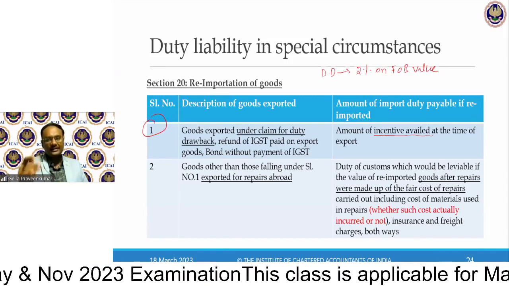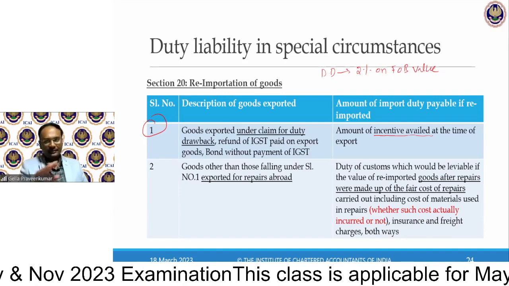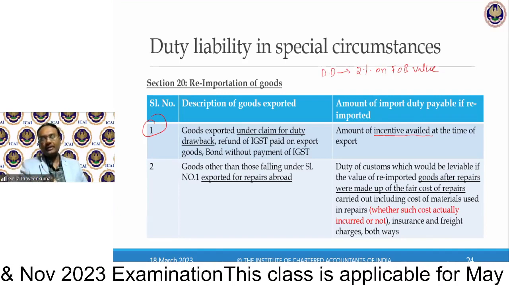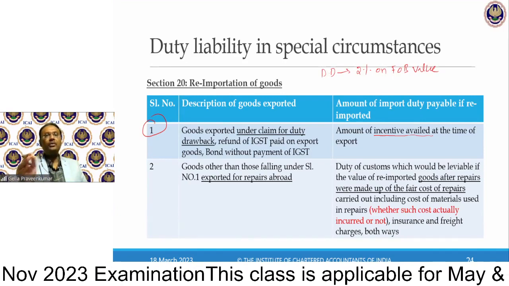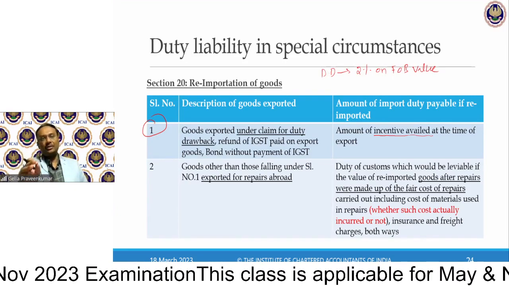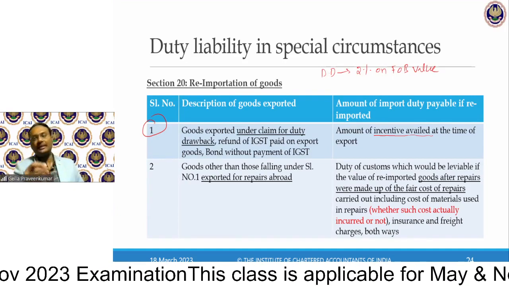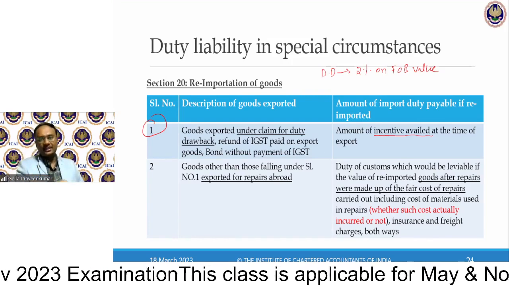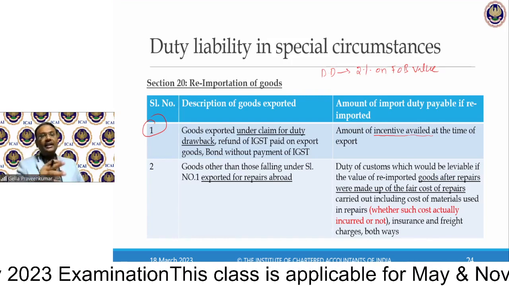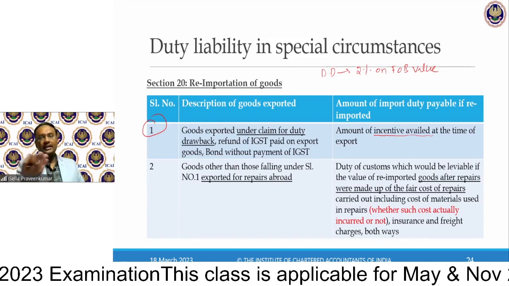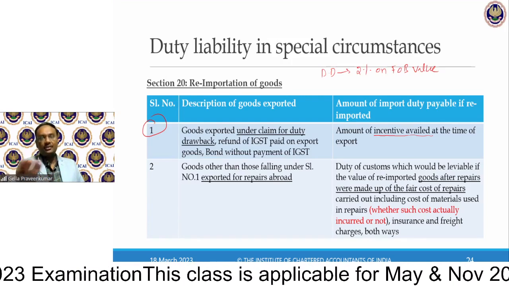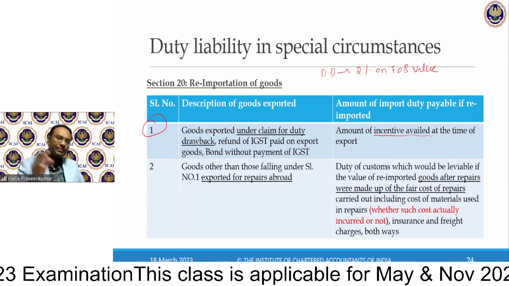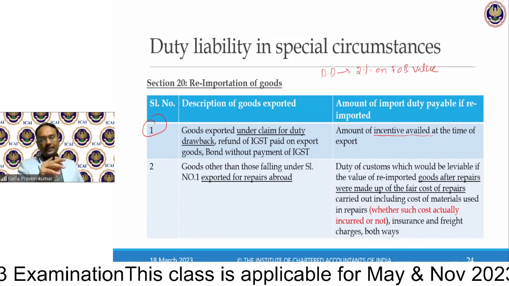Then this provision says that, look, you have received 20,000 as duty drawback, and because these goods are coming back, only that amount which you have claimed as an incentive of duty drawback, pay it back. This is called concession. Now, isn't it worthy? Instead of paying the regular duty at the rate of say 14% or 16% or 7.5%, 12%, I pay only that benefit which was enjoyed.